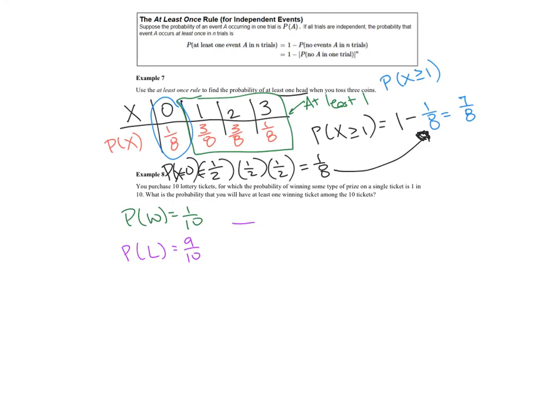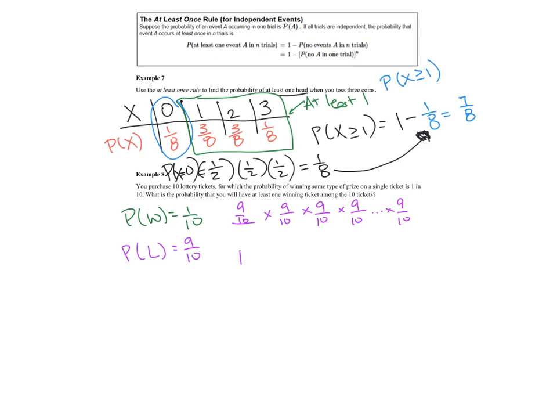So that would be 9 out of 10 times 9 out of 10 times 9 out of 10 times 9 out of 10, all the way down to the last one, which you would have written as 9 out of 10, 10 times.